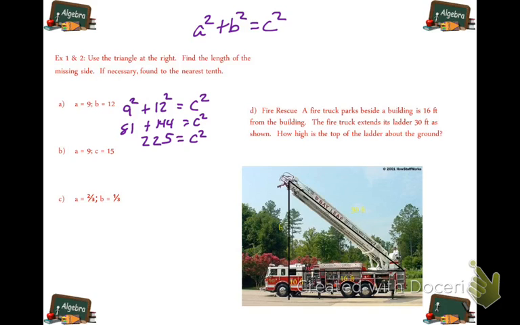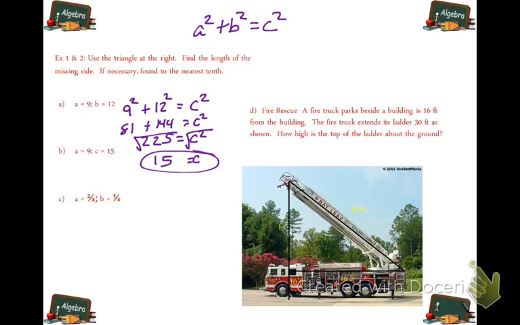Notice the C is still squared. To get rid of a square, you always square root them, which the last lesson was all about. So I'm going to square root both sides. The square root of C squared would be C, and the square root of 225 is something you should have memorized, but doesn't mean you have, and that would be 15. So C equals 15.